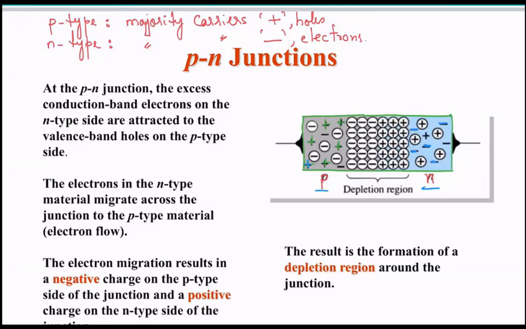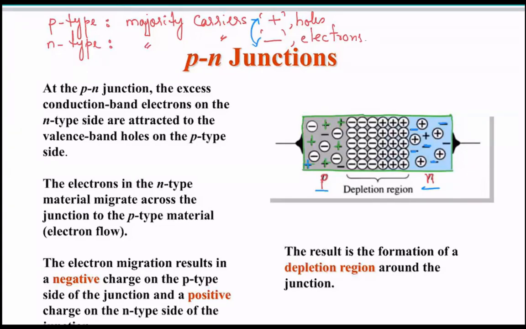Positive is attracted toward negative, negative charged particle is attracted towards the positive. So when I combine the two materials which have two majority carriers, they both are different. One is positive, one is negative. What is going to happen? The negative charges are going to move towards the holes.